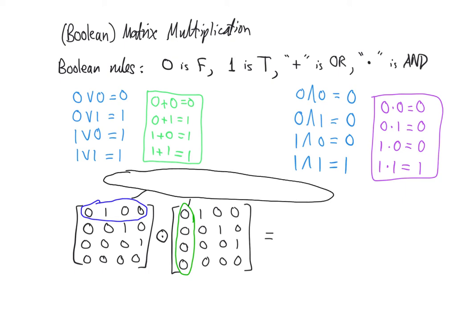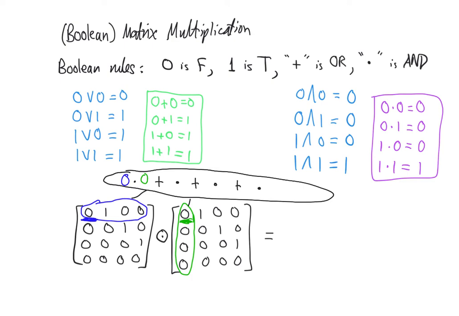We're going to take the first element of that first row and multiply it with the first element of that first column as follows. So 0 times 0. Might help if we set things up by putting our pluses and our times as needed.